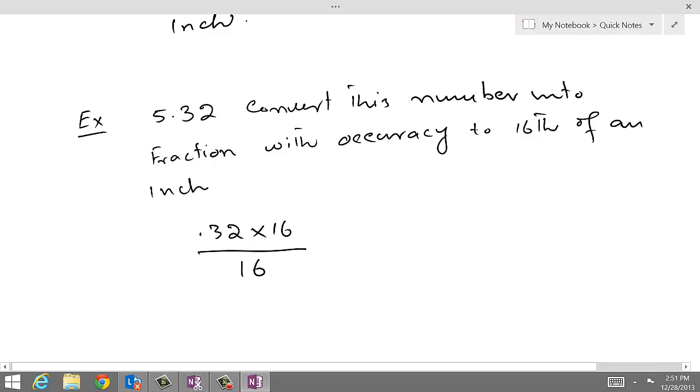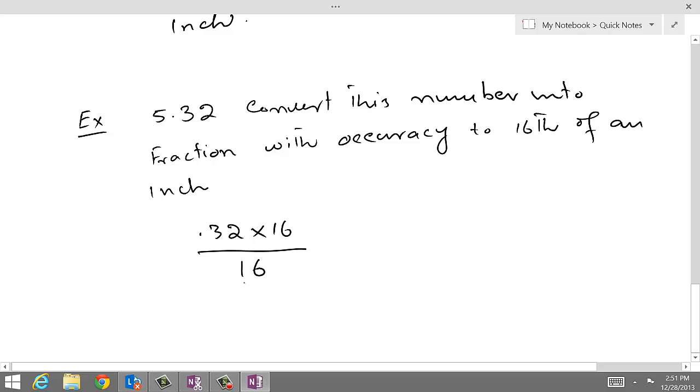That's why we are multiplying with 16. If we want to convert this number with an accuracy level of 1/8 of an inch, then we should multiply with 8. If we want to measure it with an accuracy level of 32nd part of an inch, then we should multiply it with 32.